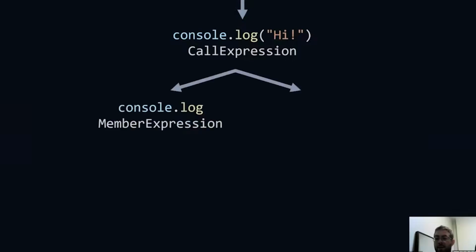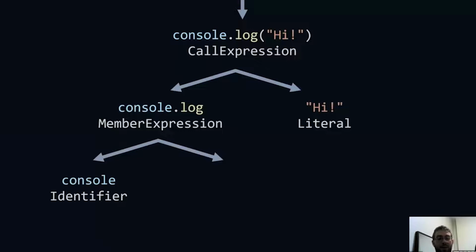It has a member expression, console.log, and it has the argument, literal hi, that's being passed to the call. So we're saying console.log, the member expression, is being called in this call expression with hi, the literal. Console.log itself has a couple of children. It's got two identifiers, a console and then the log.